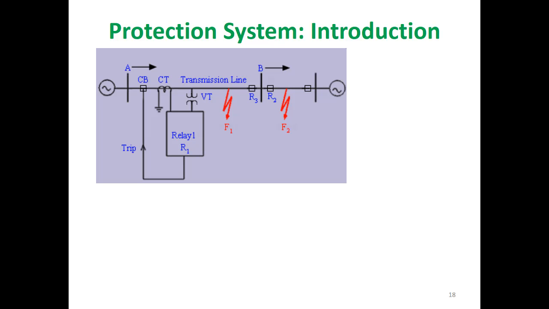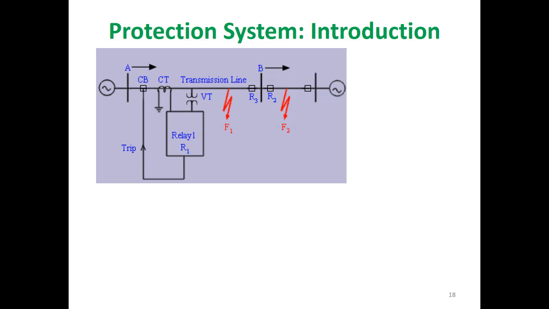They measure the current and voltage, and the signal is fed to the relay, and the relay is the brain behind taking action. The relay gives a signal to the circuit breaker whether it needs to be tripped or not. So this is what the scheme says.